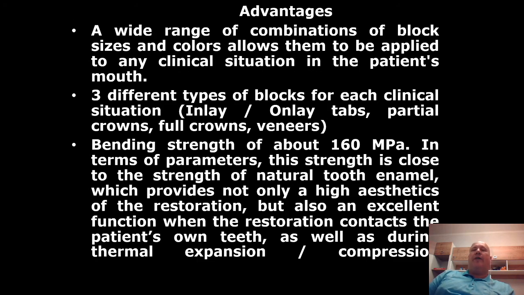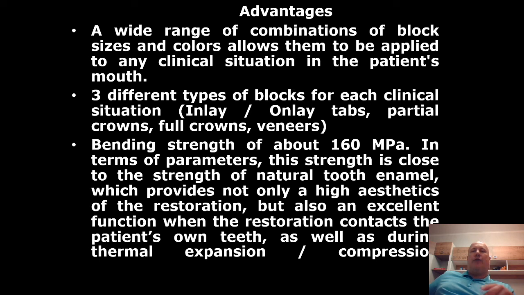Advantages of this system. There are several advantages of the system. A wide range of combinations of block sizes and colors allow them to be applied to any clinical situation in the patient's mouth. 3 different types of blocks for each clinical situation: inlay, onlay, tabs, partial crowns, full crowns, and veneers.